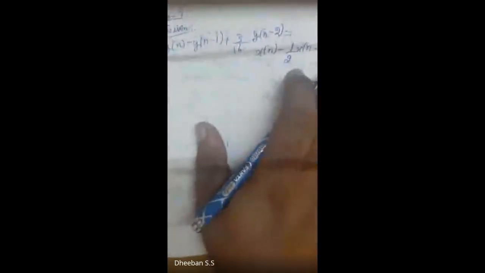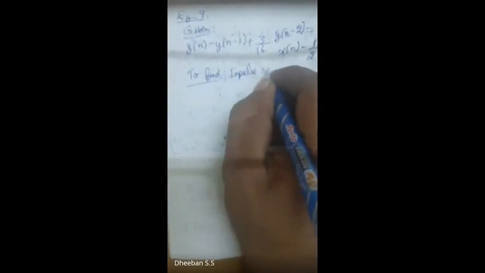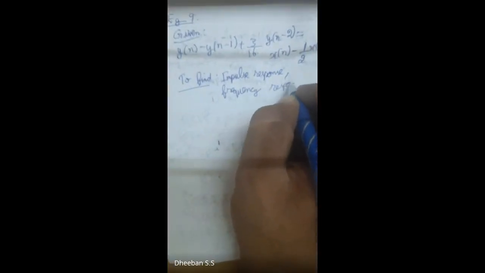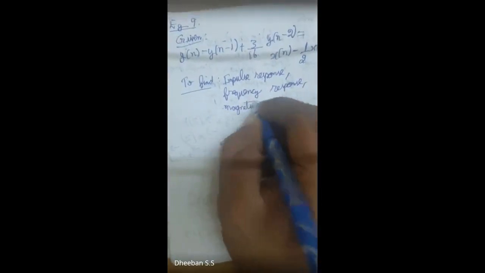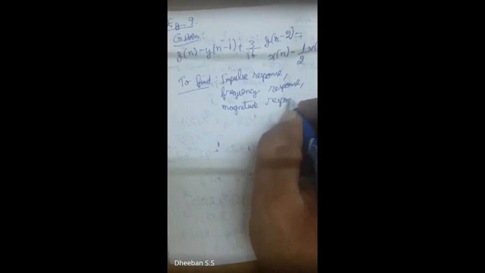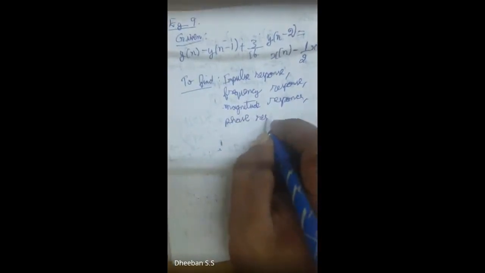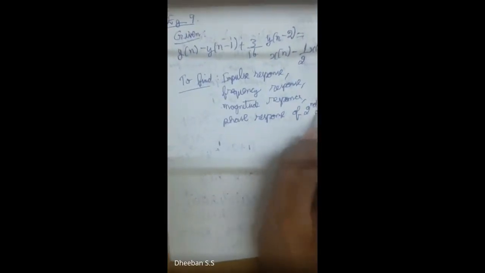To find the impulse response, followed by frequency response, followed by magnitude response, followed by phase response of a second order system.